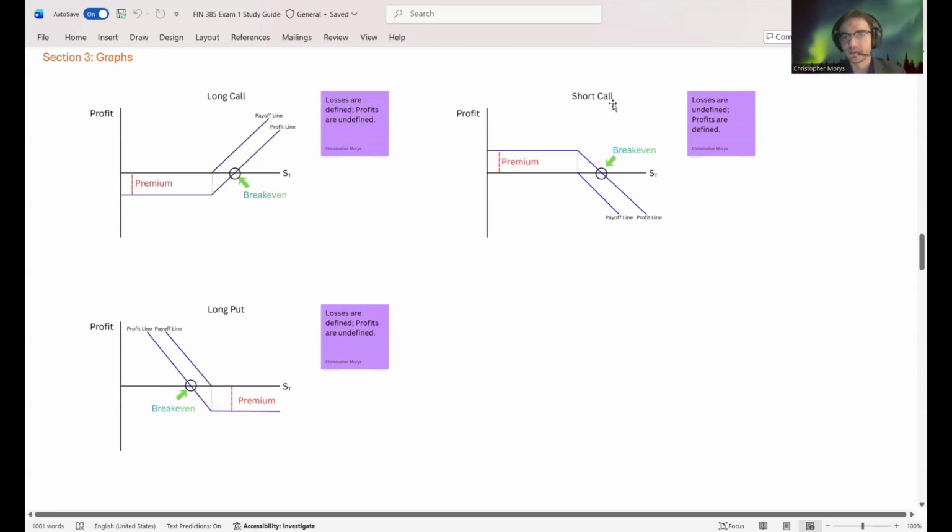Here, inversely, at a short call, your profits are defined by the premium you receive from the buyer over here. So as the underlying stock price continues to increase in price, your profits shrink and cross the ATM threshold into where losses are undefined.